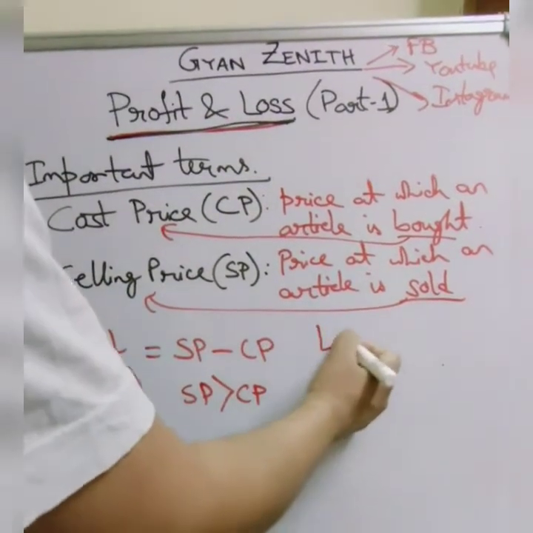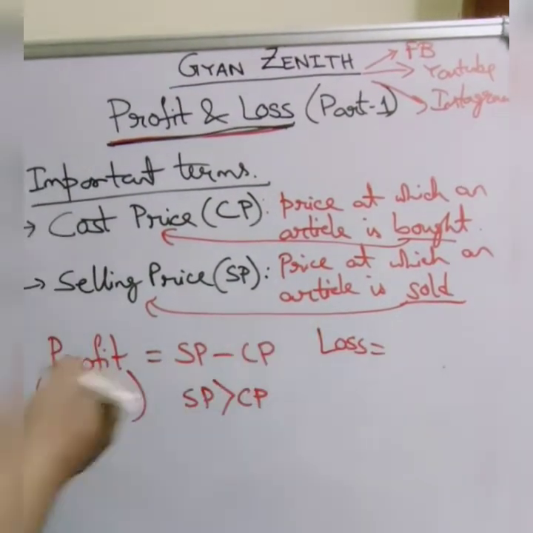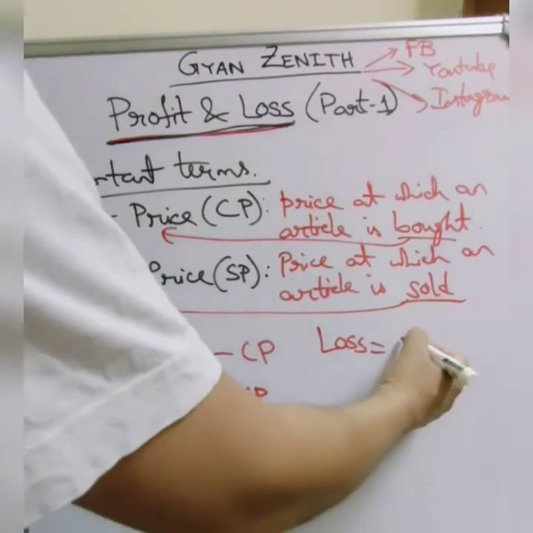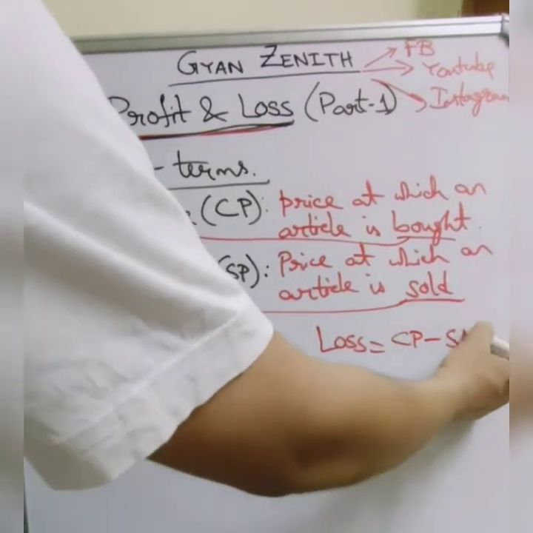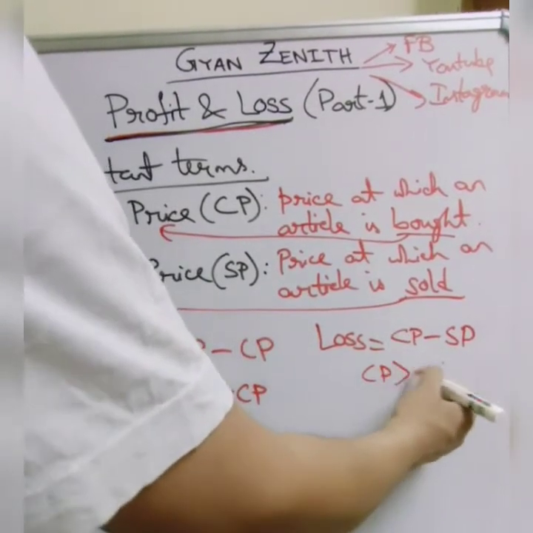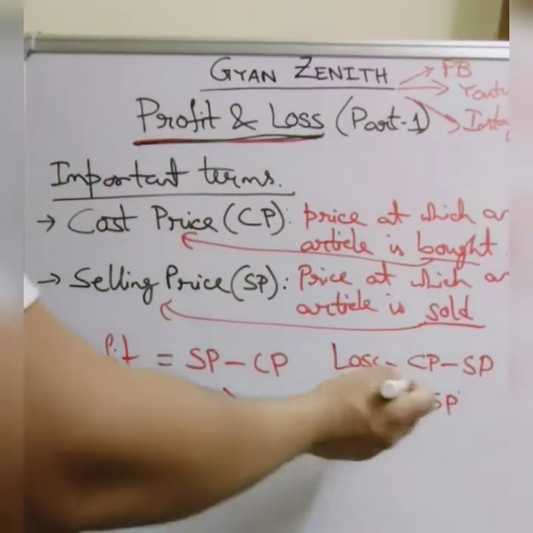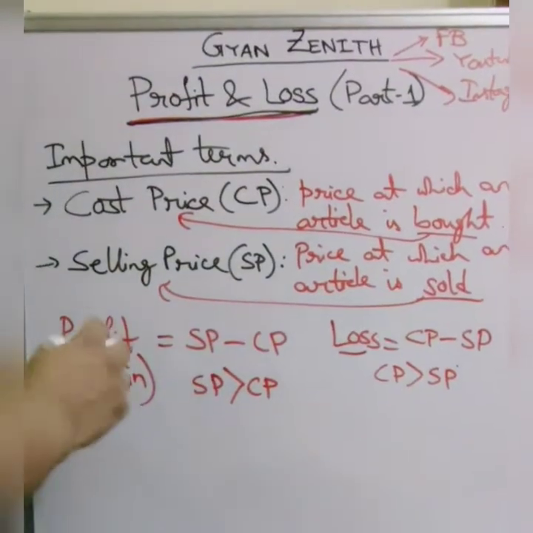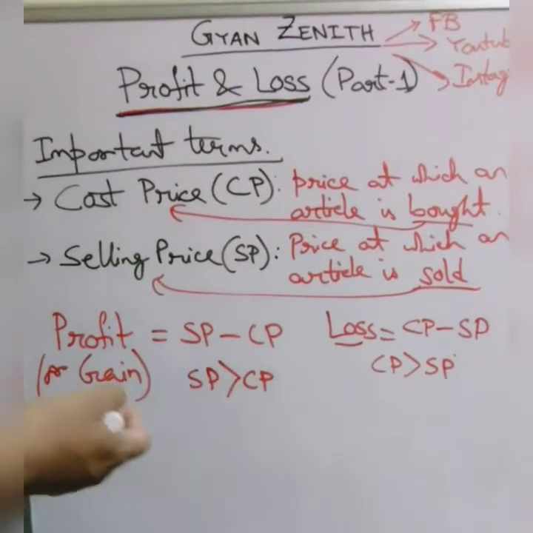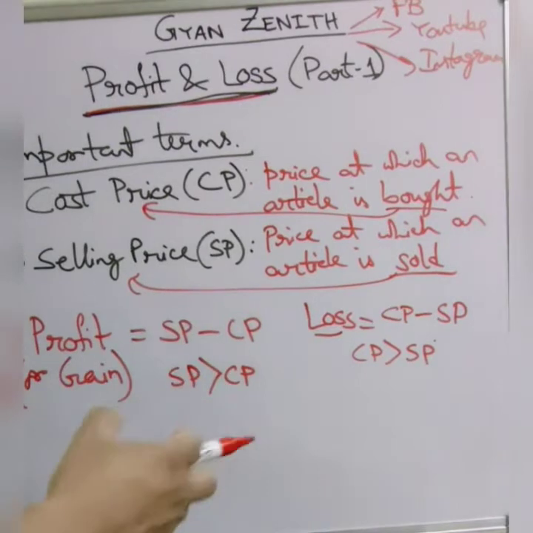On the other hand, loss. When will I make a loss? When CP is greater than SP. So if cost price is greater than selling price, then I'll make a loss. So my loss is CP minus SP, whereas profit is when SP is greater than CP, so profit is SP minus CP.